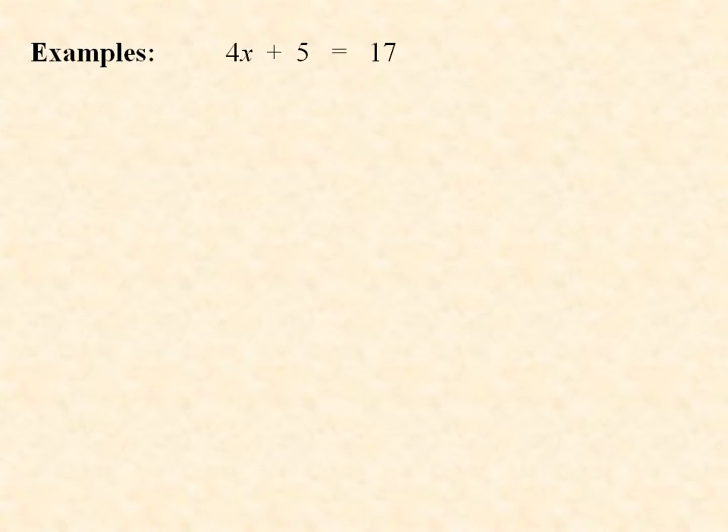Suppose we want to solve 4x plus 5 equals 17. The first thing we notice is the equal sign, and we identify the left side, which contains the x, and the right side, which is 17. x is multiplied by 4, and 5 is added. We must undo the addition of 5 first, and we do that by adding -5.